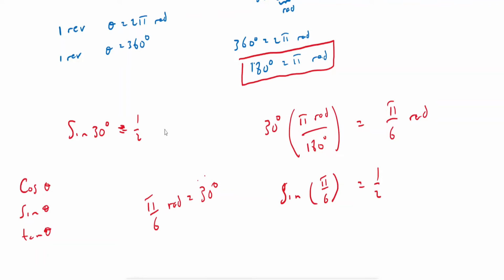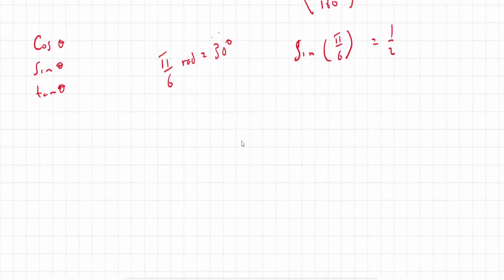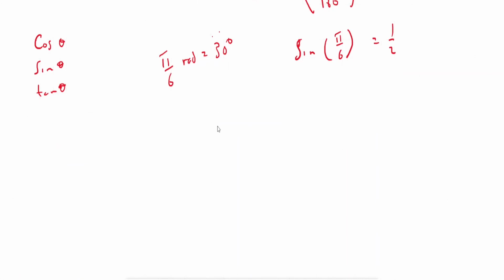For instance, if I was to ask you to convert 5 pi over 4 into degrees, it's very easy. You're just going to say 5 over 4 and then pi radians.